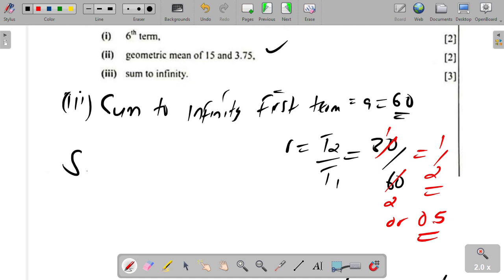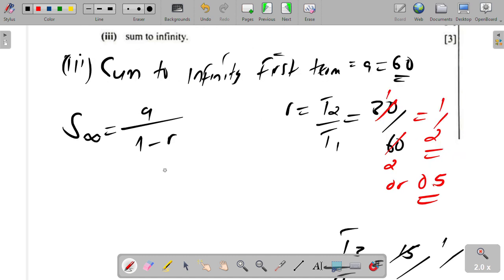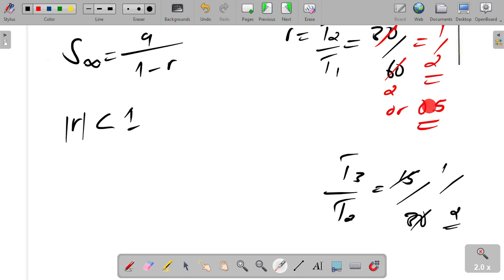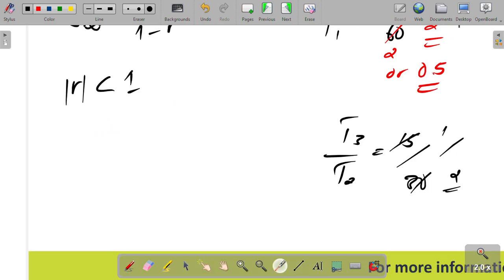S infinity equals A over 1 minus R. So this formula works because our R, the common ratio here, is less than 1. So it actually works. So we apply it.